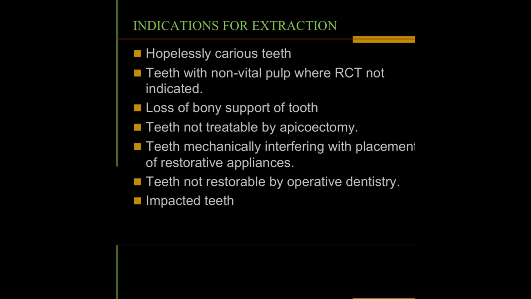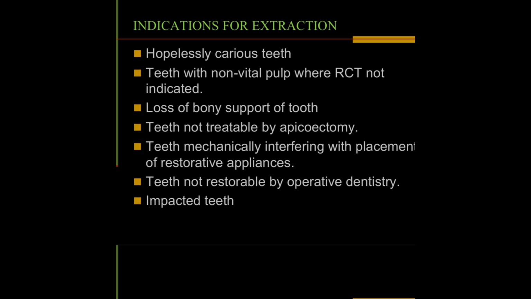Indications: hopelessly carious teeth, as we already told you, that cannot be restored by RCT, we go for extraction of the teeth. Teeth with non-vital pulp where RCT is not indicated. Loss of bony support of the tooth, as in case of severe periodontal disease. Teeth not treatable by apicectomy.